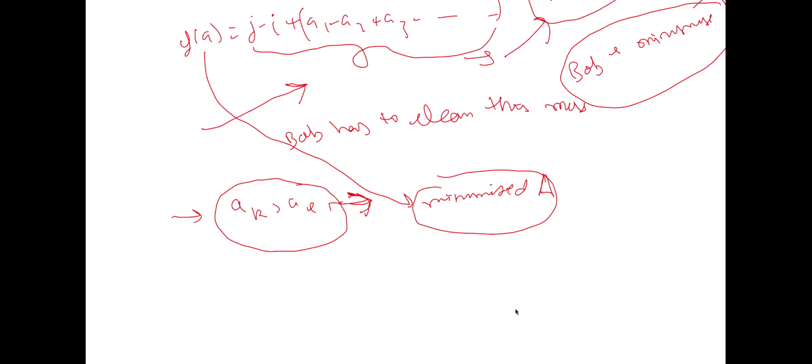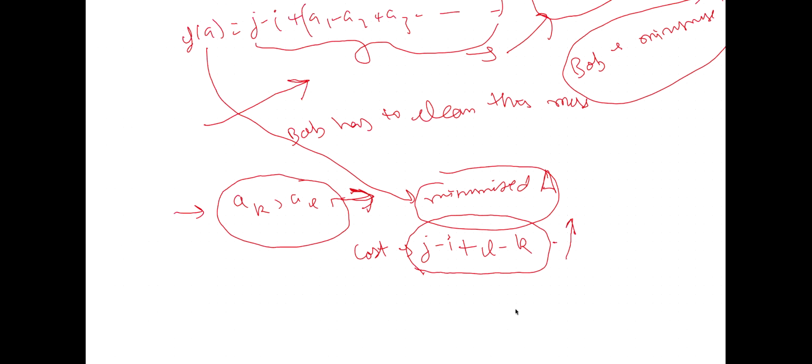So there is one thing in every operation, and that is cost is always added. Initially, the cost was j minus I. Now the cost becomes j minus I plus L minus K.